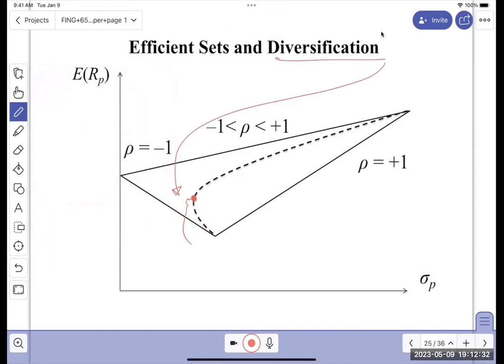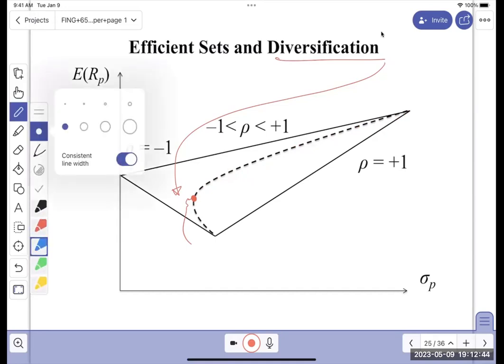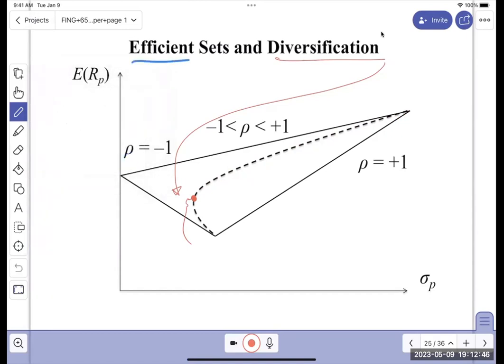You'd start somewhere like that in choosing between the alternative combinations. And the efficient set is all these here.